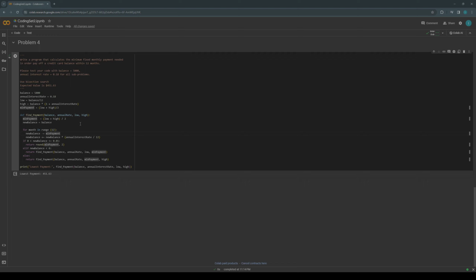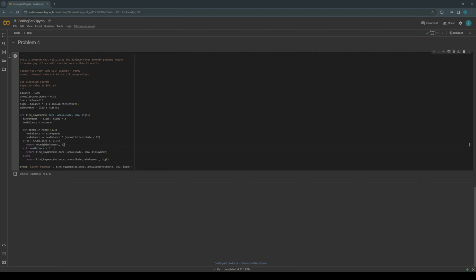And if this new balance is between 0 and 0.01, then we're going to return the minimum payment, and we're also rounding it because we're dealing with dollar currency right now, so there's only going to be 2 decimal places. So we're going to round it to 2 decimal places, and that's going to be the lowest minimum payment that you need to pay each month in order to pay it off in 12 months.